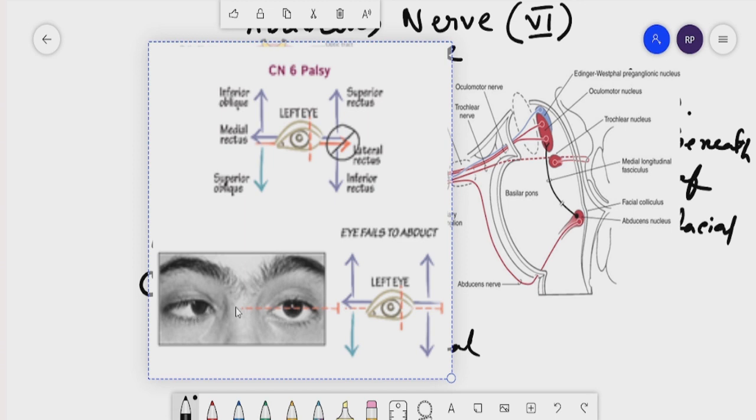Medially means it turns towards nose, but it fails to turn laterally due to damage of the abducens nerve.